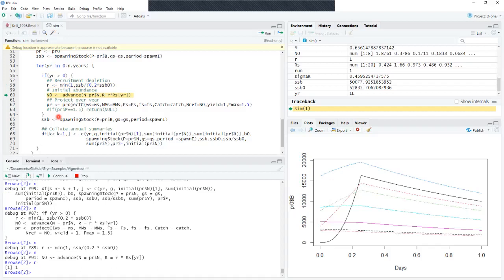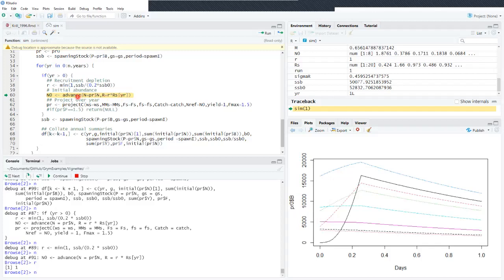So what this advance does is it takes the abundances from the projection for the previous year, uses the final abundances from that projection to set the abundance for the next projection. Okay, so it uses last year's final abundances and inserts some recruitment.